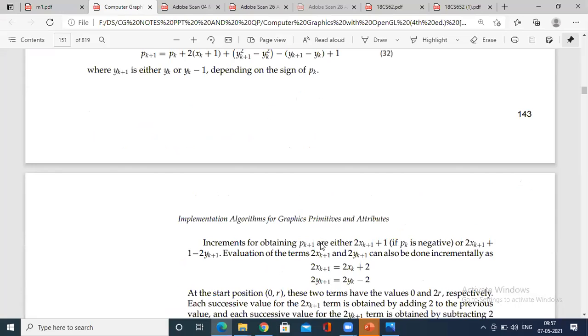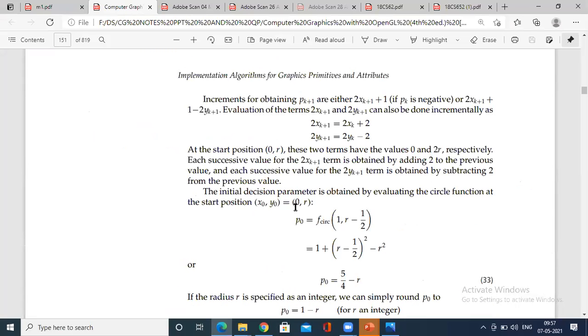So you need to calculate P0, P0 at the initial of the circle. The initial parameter is obtained by evaluating the circle at x0, y0 equal to 0 comma r. The x-axis will be 0, the y-axis will be r. So applying this to the function of the circle, you get P0 equals 5 by 4 minus r.